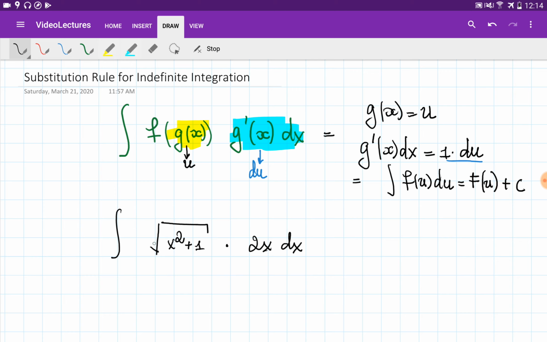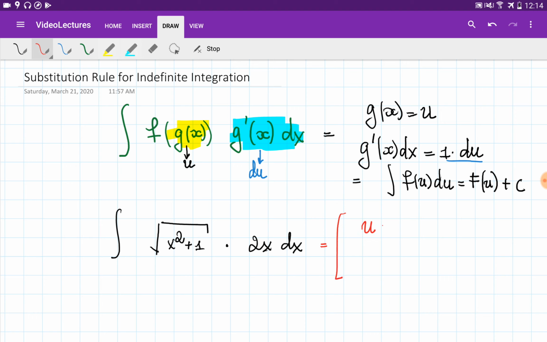Our function f is square root of something, and the derivative of g of x, the derivative of x squared plus 1, is 2x dx exactly, right? So I've got a function and its derivative inside the integral. It means that we have to use the substitution rule in order to integrate this.